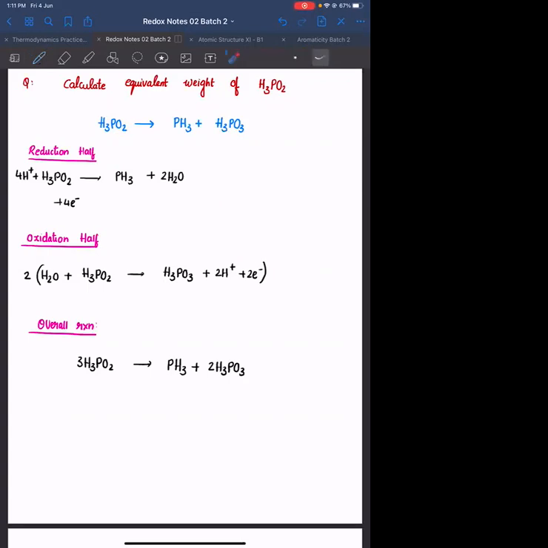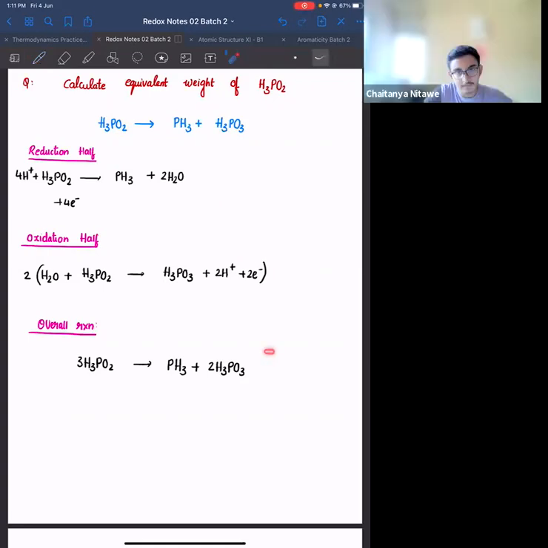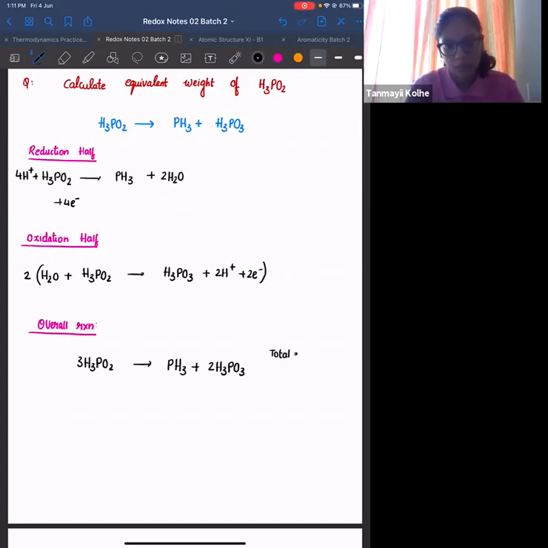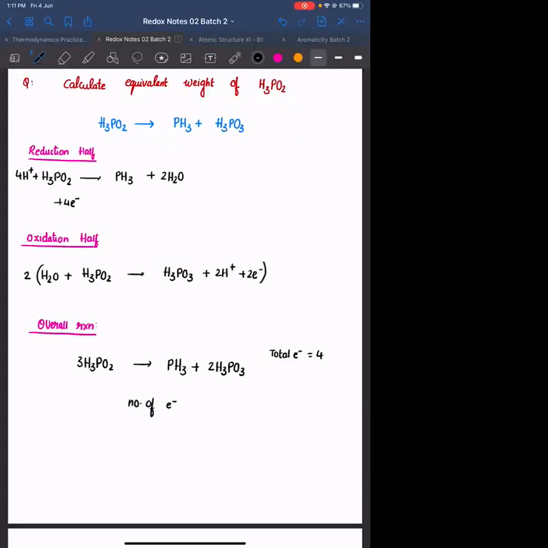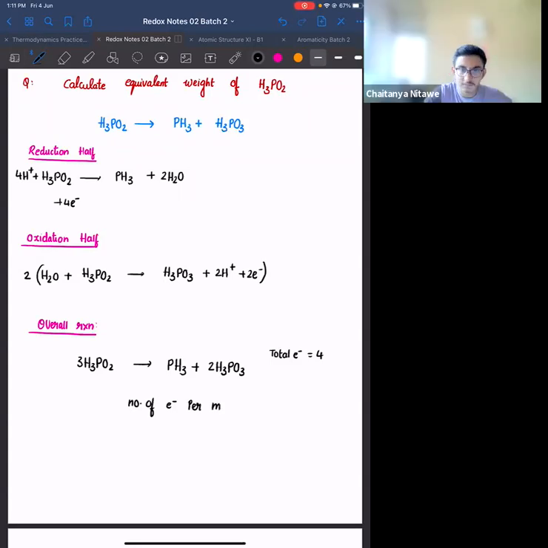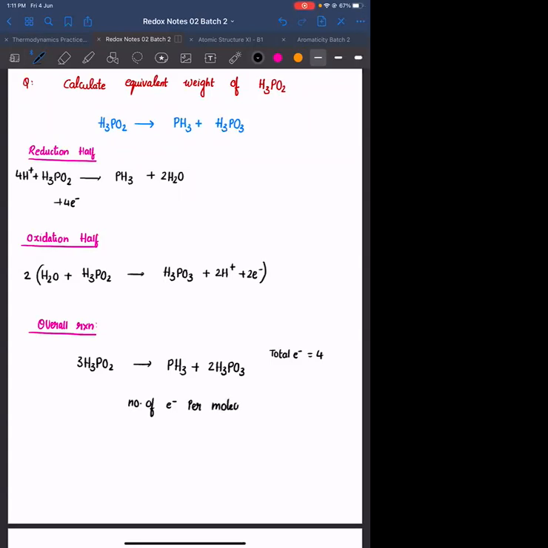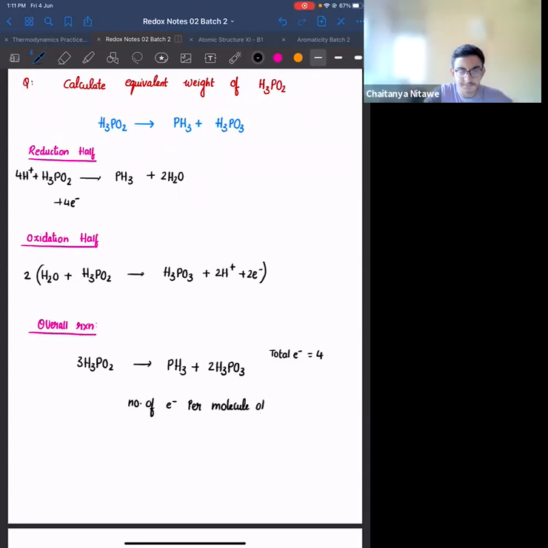So in this, what are the total electrons exchanged? 4. Total electrons are 4. So number of electrons per molecule of H3PO2 कितना होगा? 4/3. हाँ सर. 99/2 आता है आंसर.